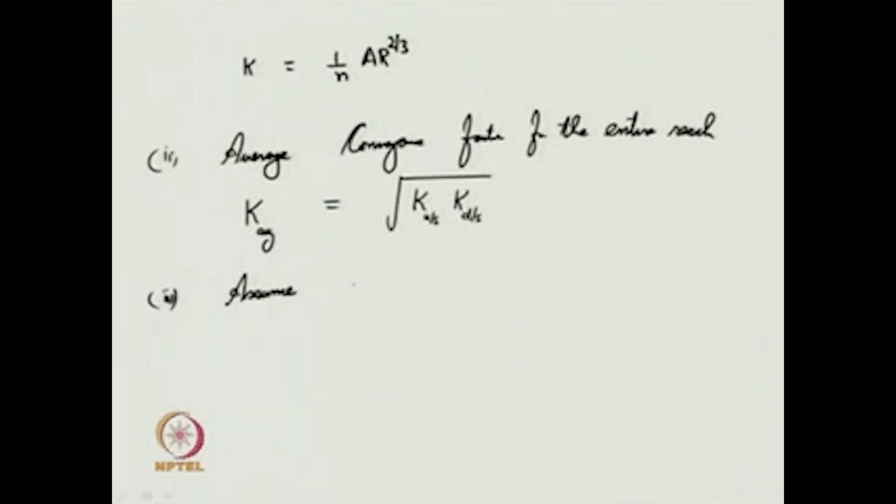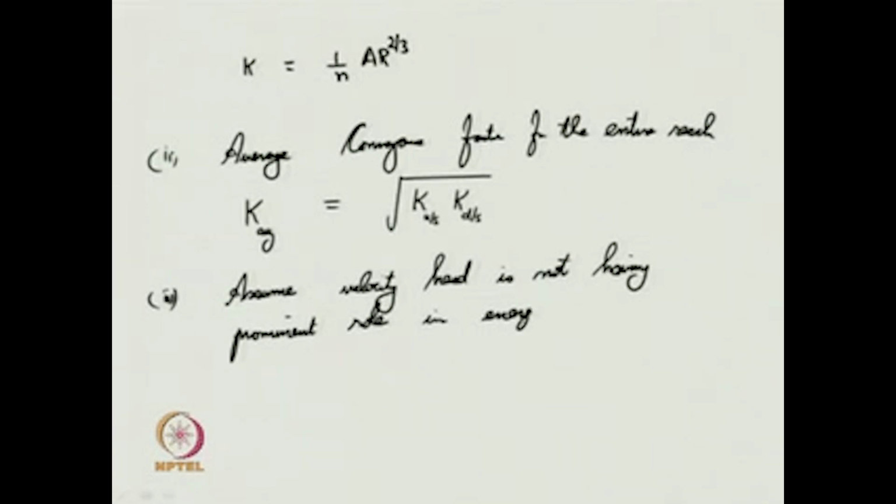you have to first assume, in this method, that velocity head is not having a prominent role in energy head computation. This is just a brief initial assumption, as you might have seen in the solution of various differential equations with respect to time and initial conditions.